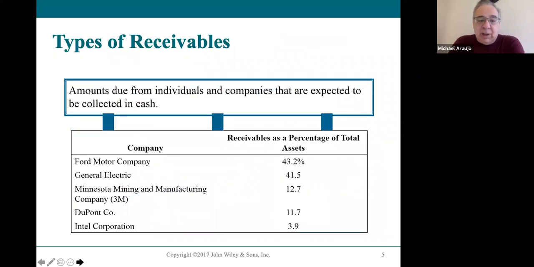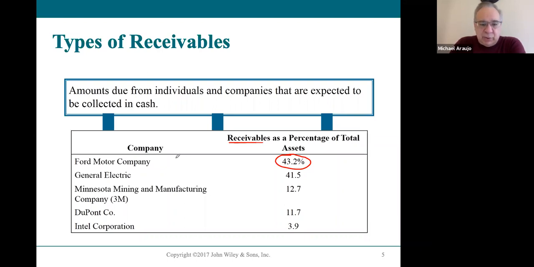Some companies have a lot of accounts receivable as a percentage of their total assets. If you look here, we were talking about automobiles prior. Ford Motor Company, GE here, I don't know when this was done in terms of the data, but they have a large percentage of their assets tied up in receivables because of the structure of that industry. Ford Motor Company makes the automobiles.